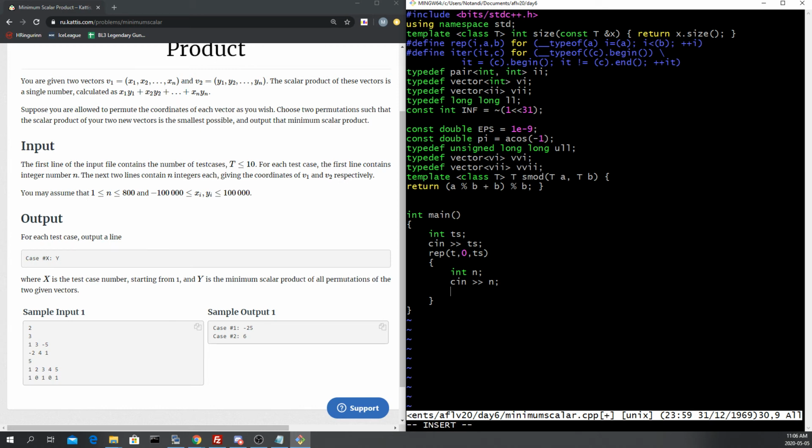So let's define the vectors. How large can the numbers be? 100,000. Okay, so that's 100,000 times 100,000 at most. So we'll need long here. So we'll have v1 and v2.